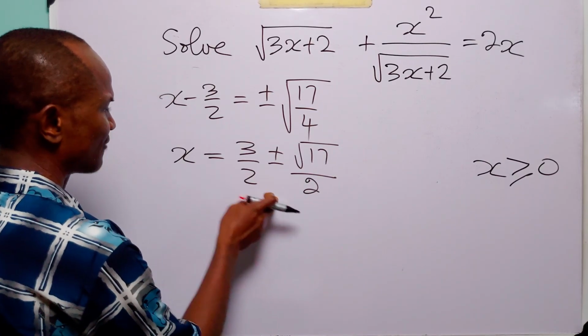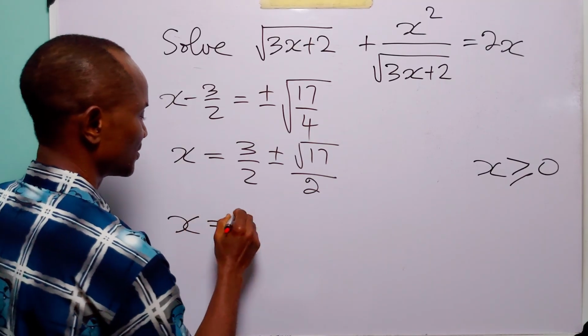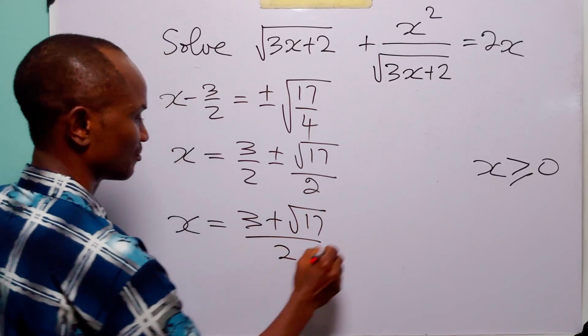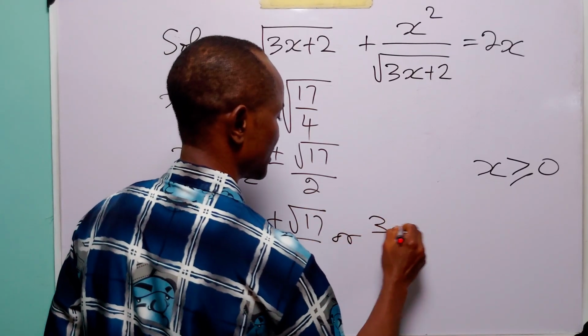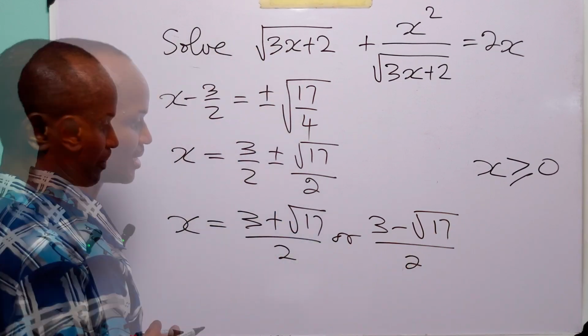So now you can see that we have two values for x. We have that x is equal to 3 plus root 17 over 2 or 3 minus root 17 over 2.